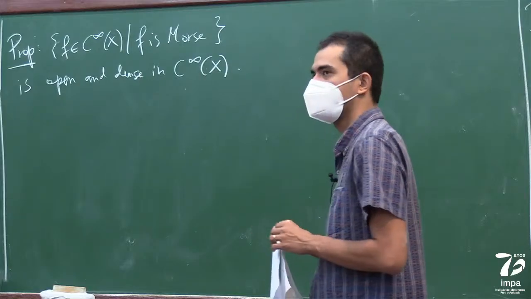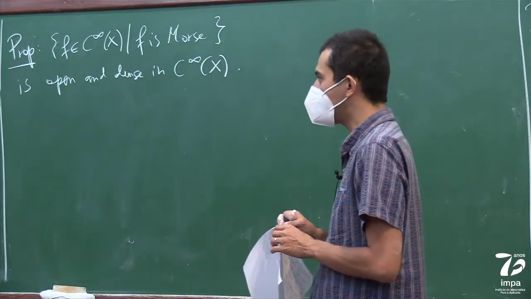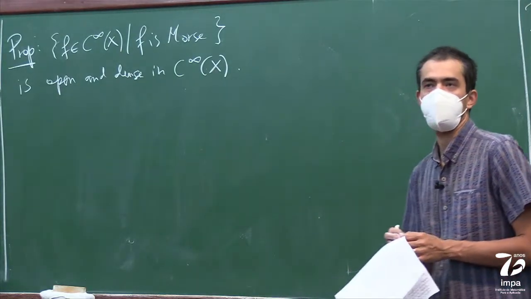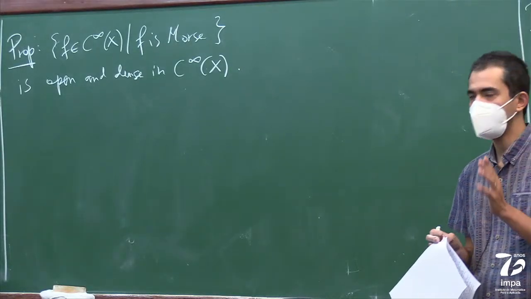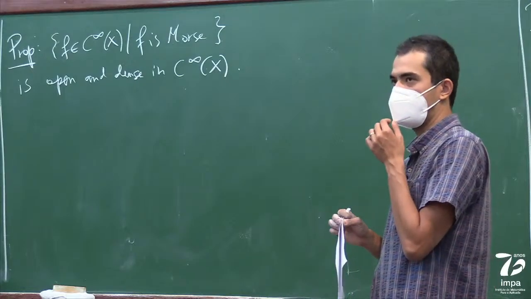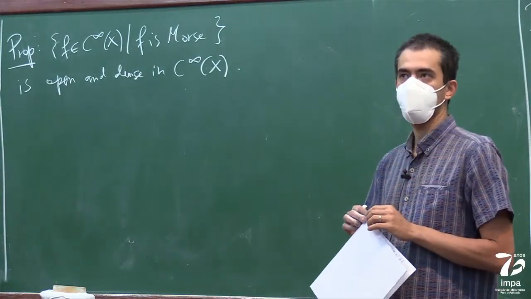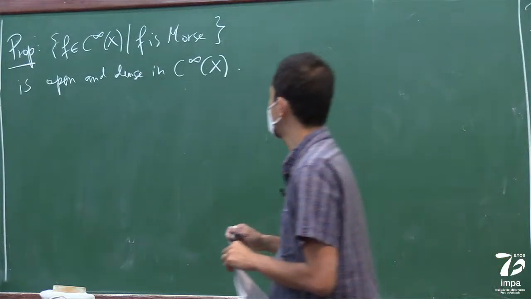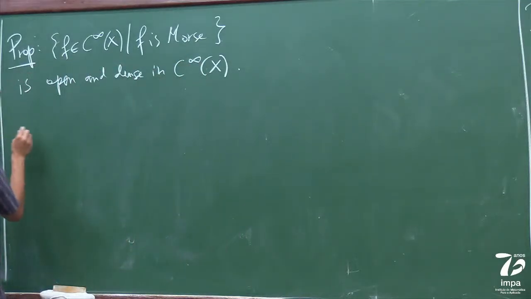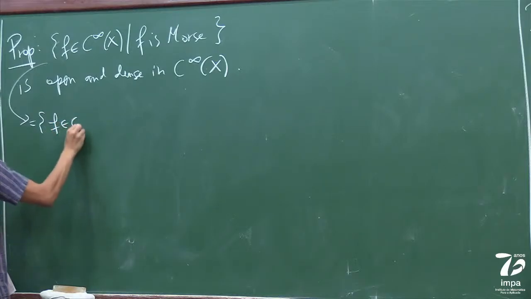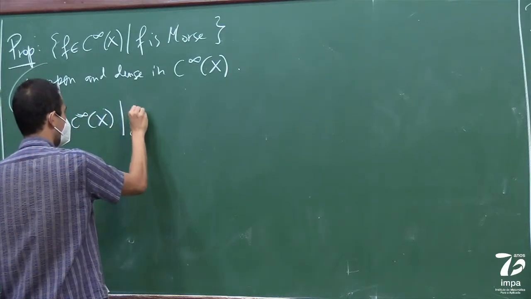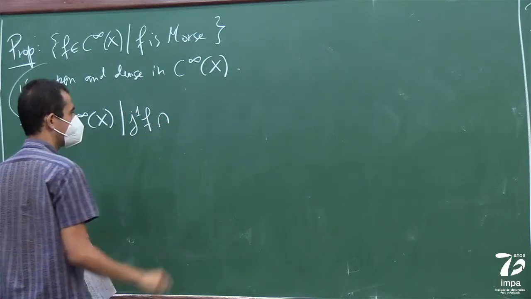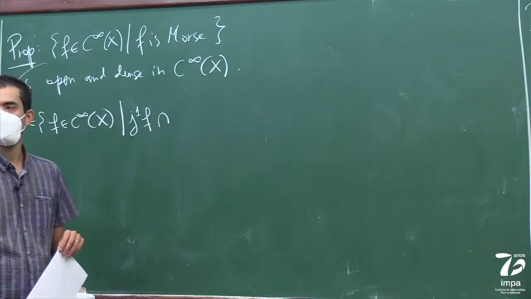So it's basically not intersecting a certain closed manifold. I think I did define this in the part about immersions. Basically being Morse is the same as the set of F such that the one jet of F doesn't intersect, oh, I forgot what I called this.